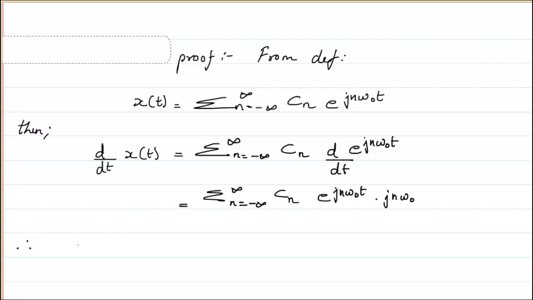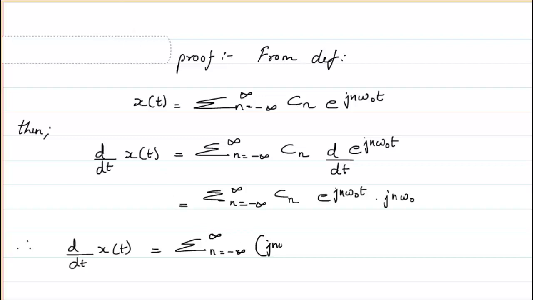So therefore, differentiation of x of t with respect to t, I can write summation n is equal to minus infinity to infinity, and now the last portion I am going to keep with C of n.